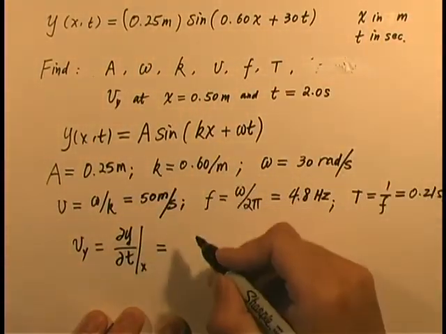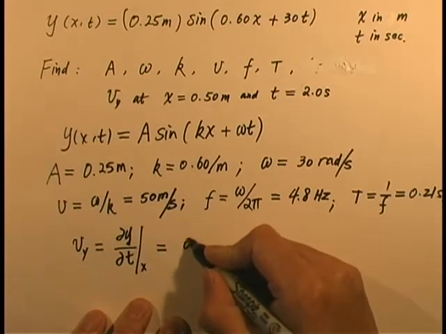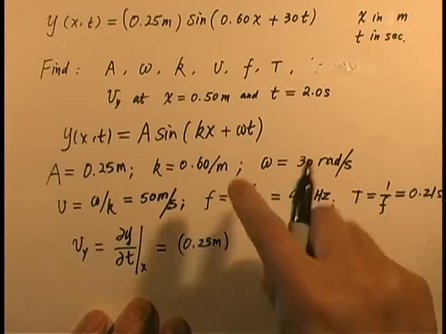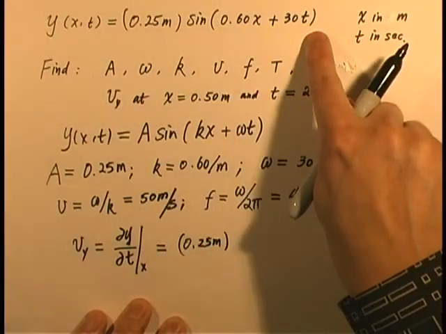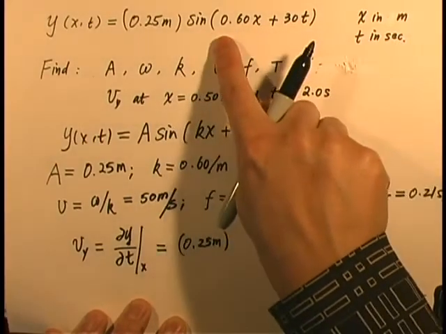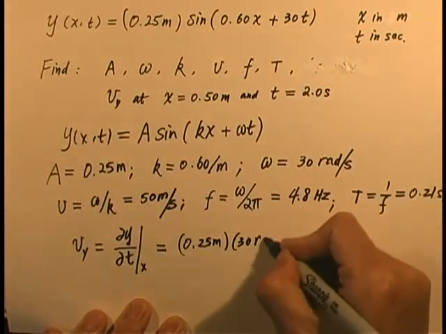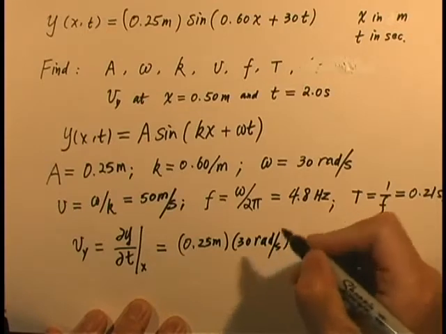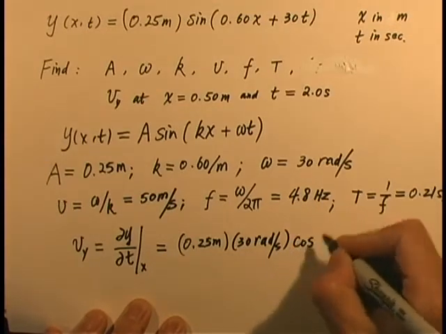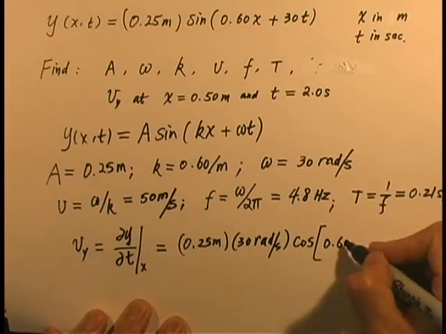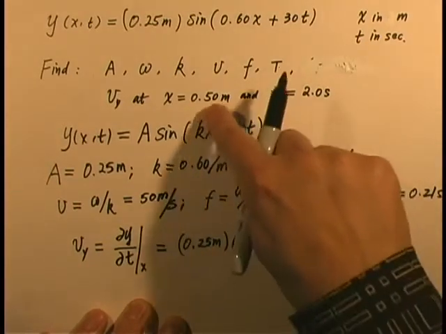So that is 0.25 meters, I copy that. And then you take a derivative of the sine function with respect to t. Sine becomes cosine, but there's also 30 sticking out, so 30 radians per second. And what's left is a cosine function, cosine of 0.6x. What's x? x equals 0.5 meters.